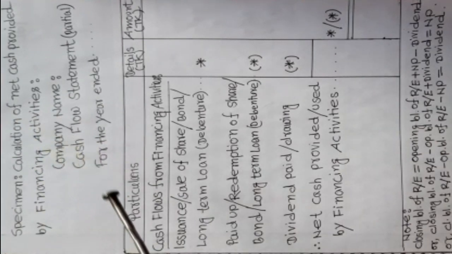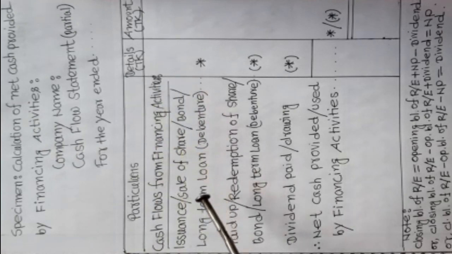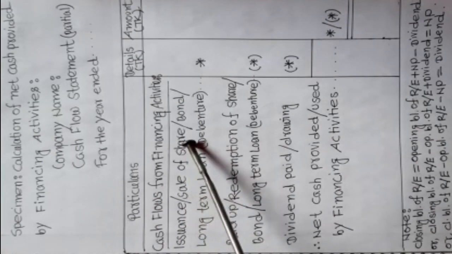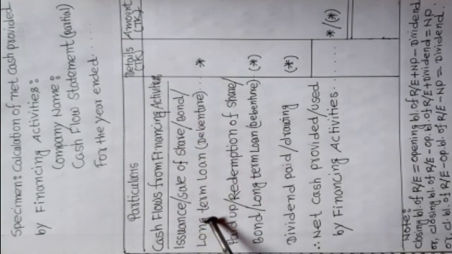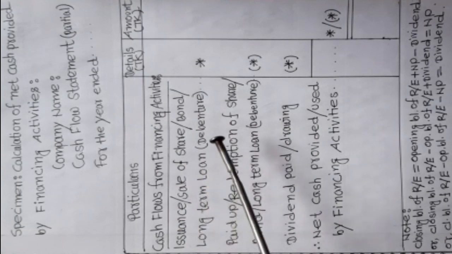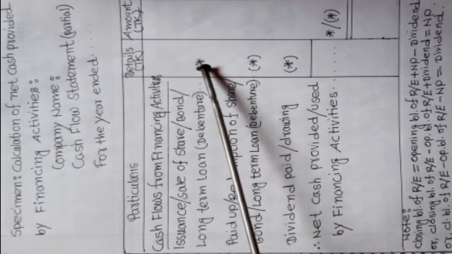Okay, dear students, now cash flows from financing activities. Under this title, issuance or sale of share or bond or long term liabilities or long term loan, that is debenture, will be added.